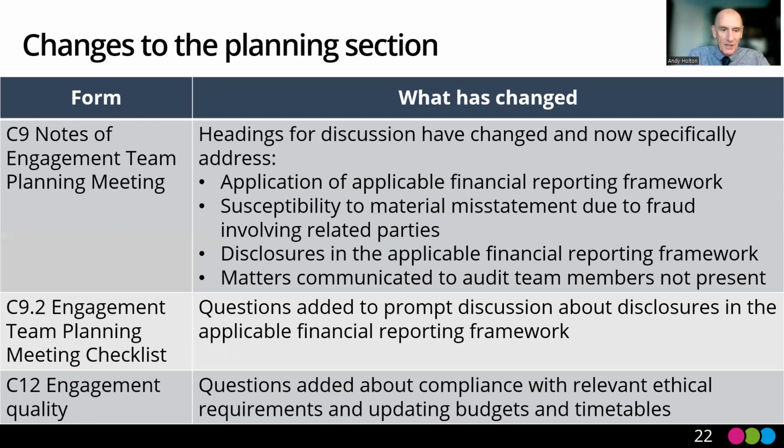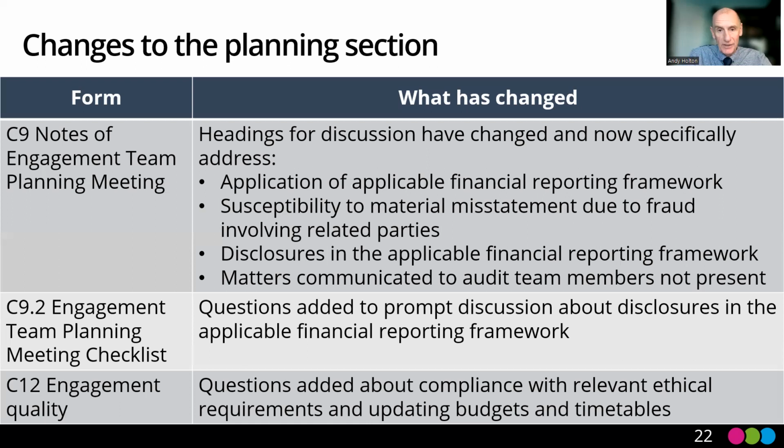And similarly, the engagement team planning meeting checklist, questions have been added to prompt discussions about disclosures in the applicable financial reporting framework. And then finally, in the planning section, C12 deals with engagement quality, and questions have been added about compliance with relevant ethical requirements, and also updating budgets and timetables to allow time for safeguards, engagement quality reviews, and any responses such as that, to ensure that they can actually occur.